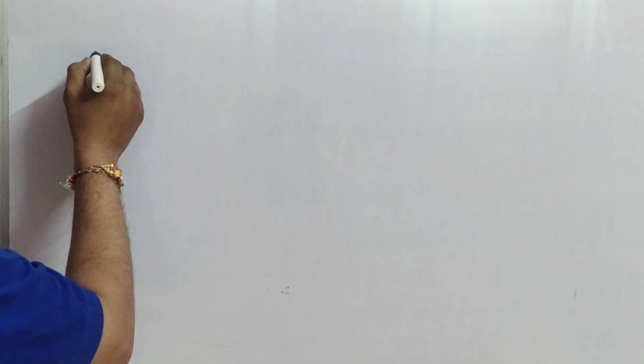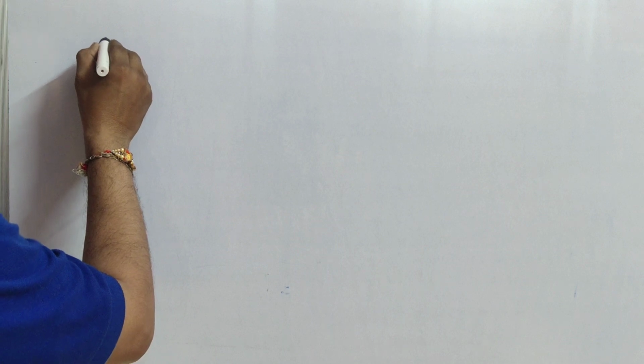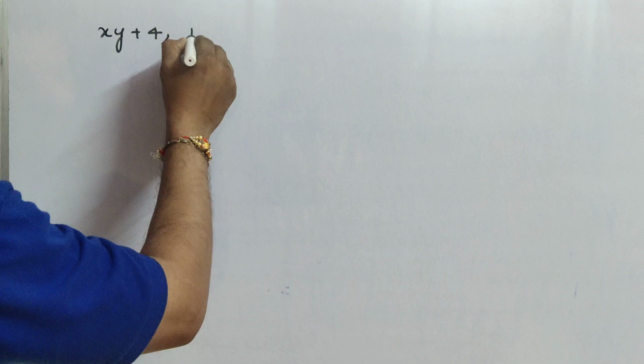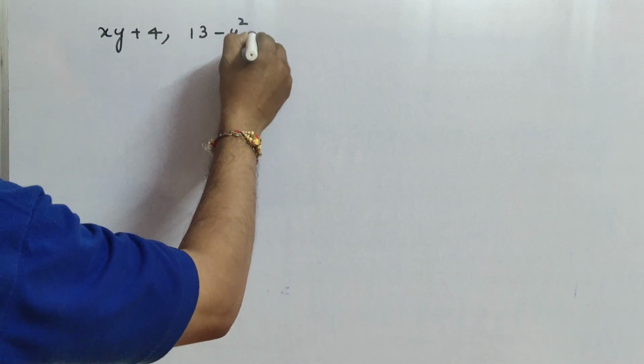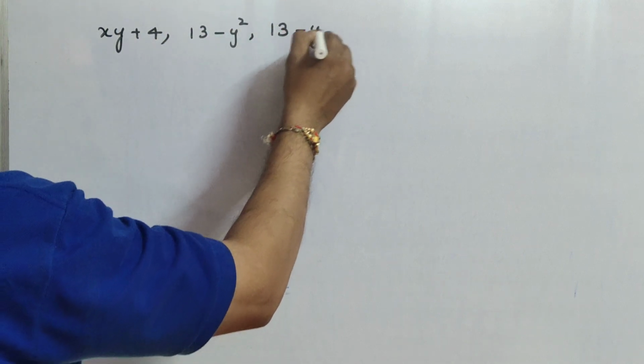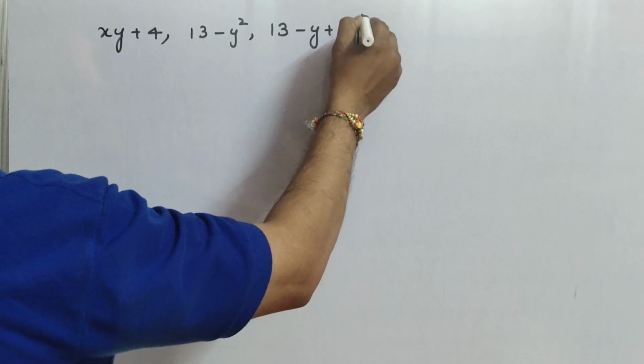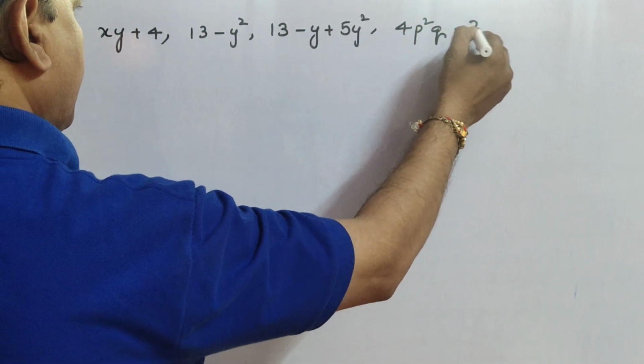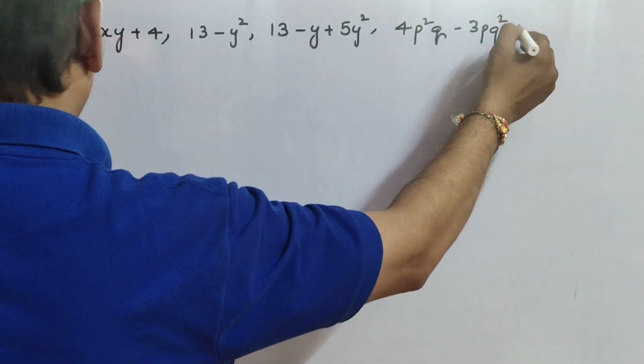Identify the following expressions' terms which are not constants. Give the numerical coefficient. That means, see here, he gave the question like this. In page number 231, the questions are xy plus 4, 13 minus y square, 13 minus y plus 5y square, 4p square q minus 3pq square plus 5.